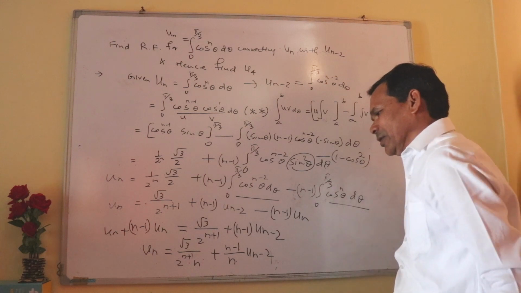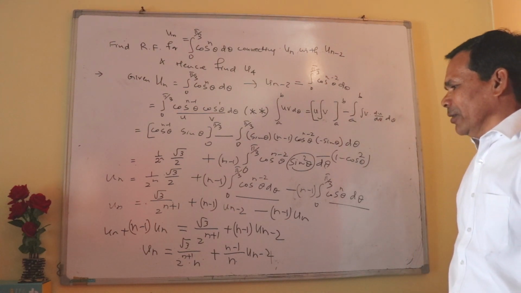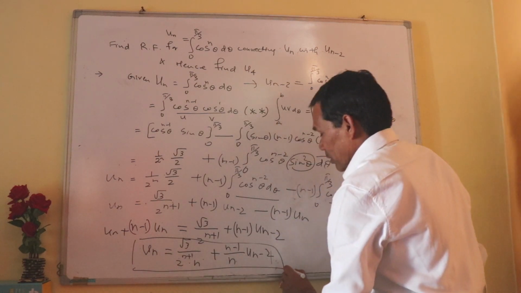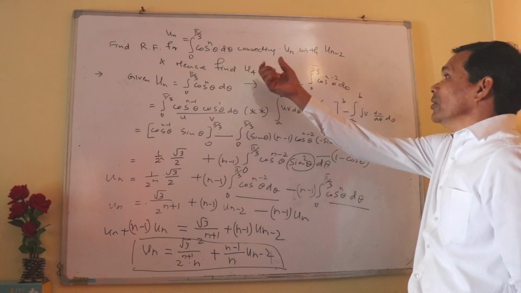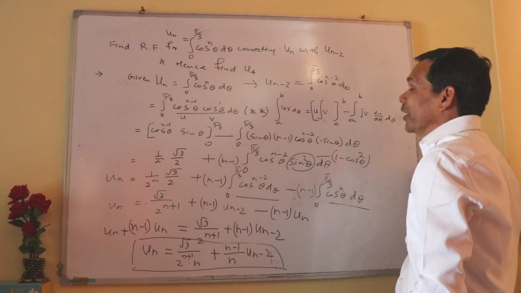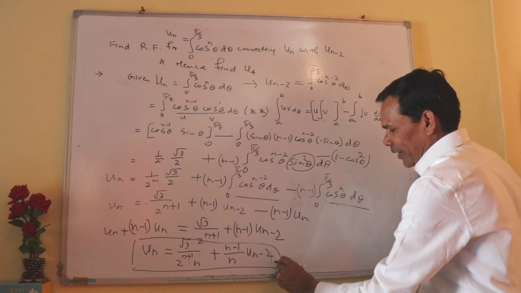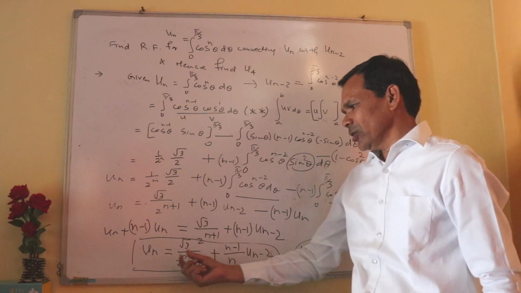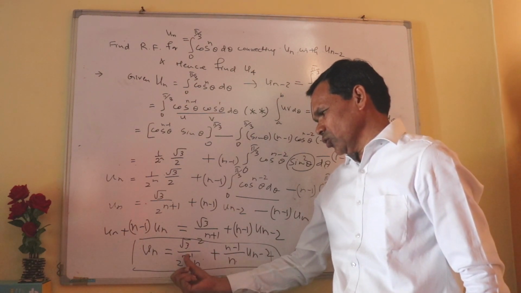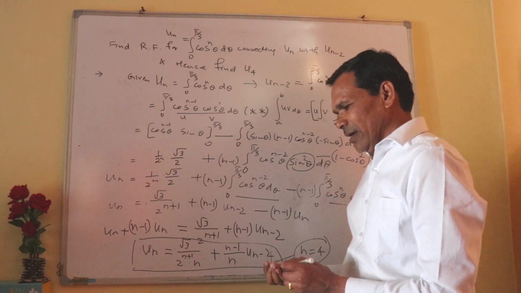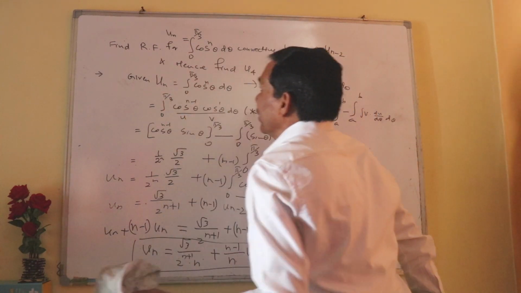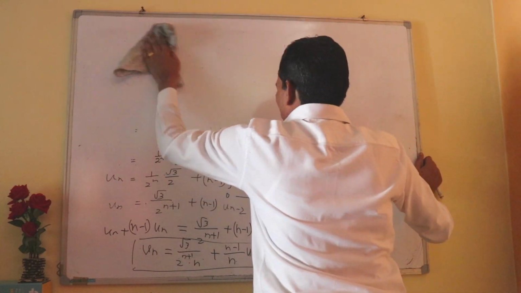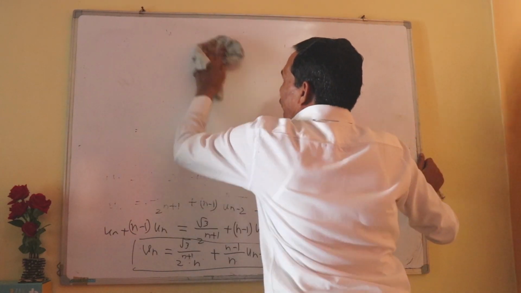So this is the reduction formula for 0 to pi by 3 cos raised to n x, connecting un with un minus 2. Similarly, you can find u4 by putting n is equal to 4 over here and recurring it. That is the reduction formula for cos and sine. Also the same technique is to be used to get the reduction formula.